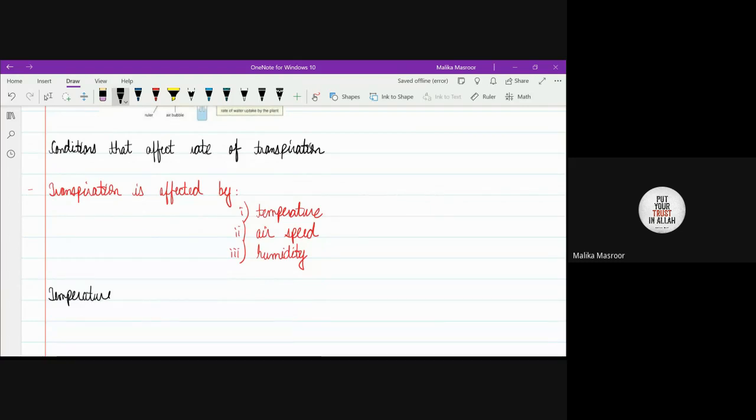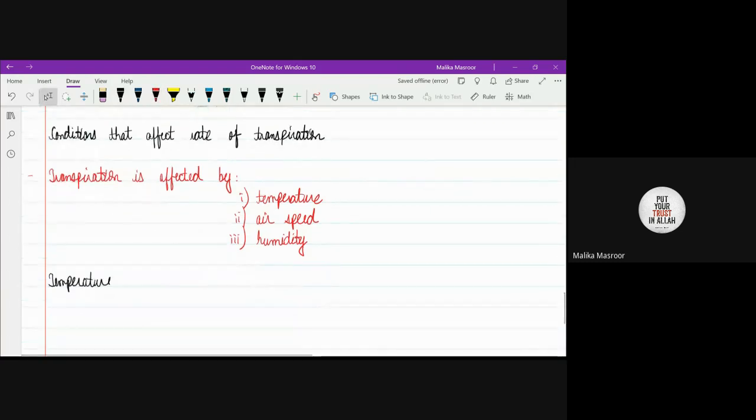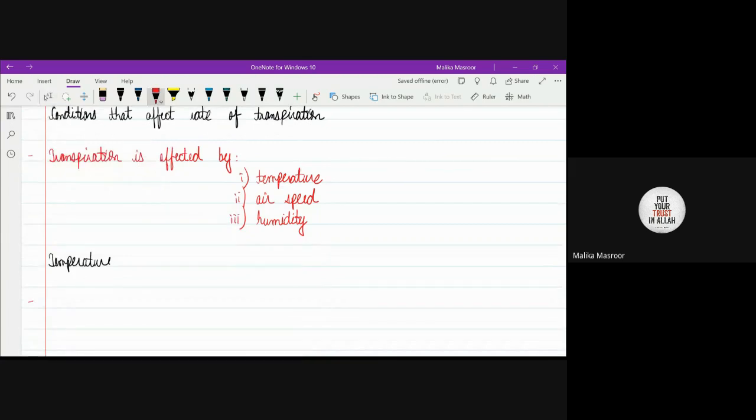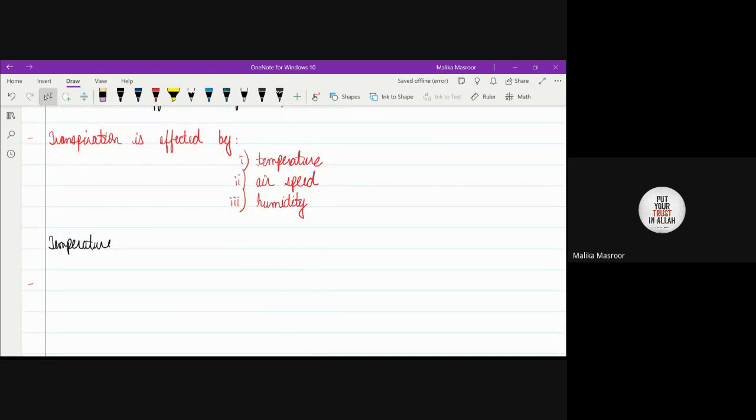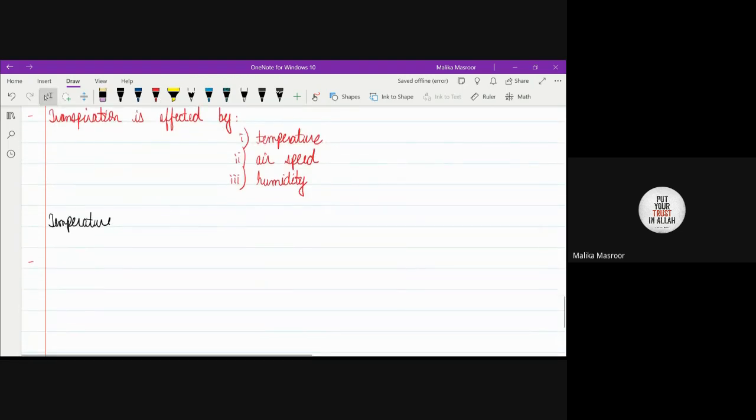When temperature is high, obviously the rate of transpiration will also be high, because temperature increases the kinetic energy of water molecules. So water will evaporate at a faster rate from the surface of mesophyll cells and will diffuse out of the leaf into the air.